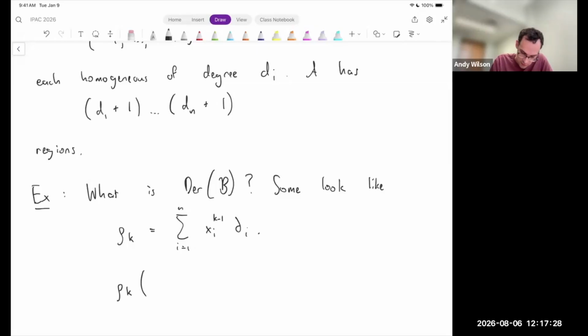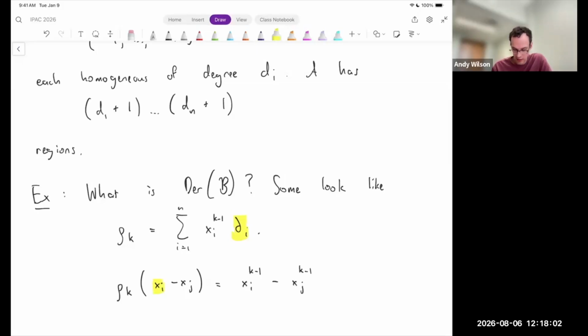So if we apply this to xi minus xj, right, these are the linear functionals that live in our braid arrangement, what do we get? Well, we get exactly this, right? Because this partial derivative operator, most of it evaluates to 1 on this guy and 0 everywhere else.